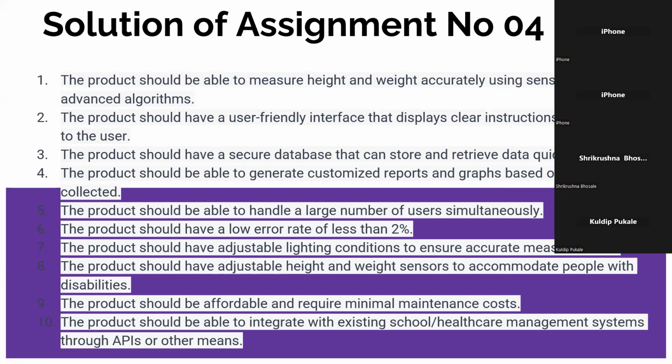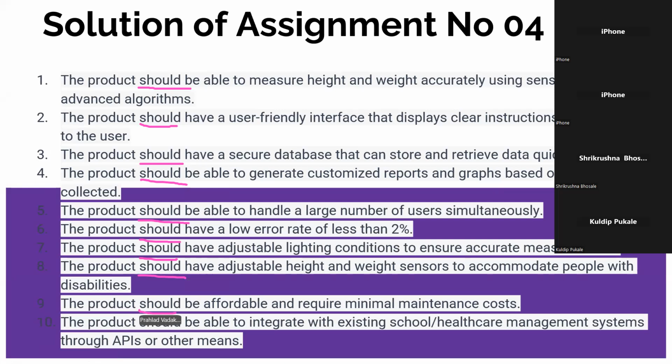So this is group number one's assignment submitted. Okay, so it's good. A couple of comments: the word "should" we can avoid. The product should be able to, because "should" means no choice.